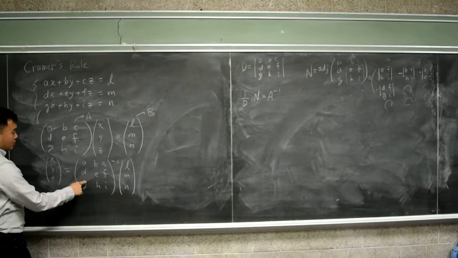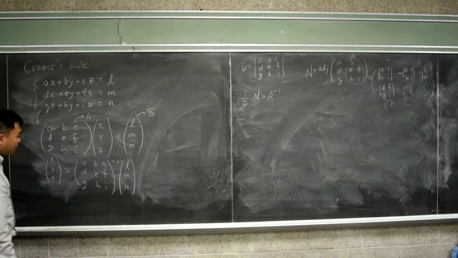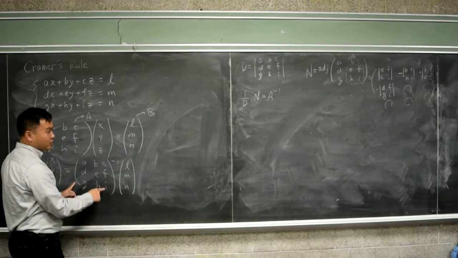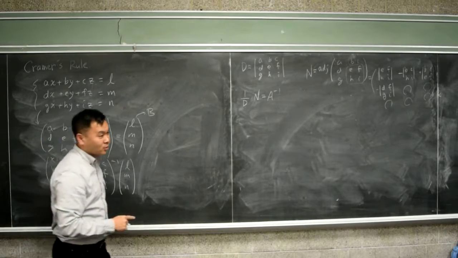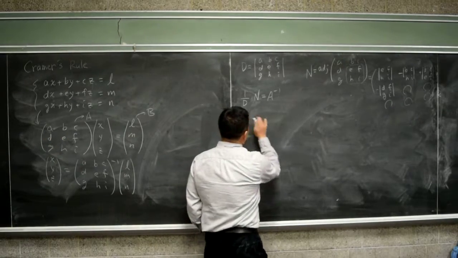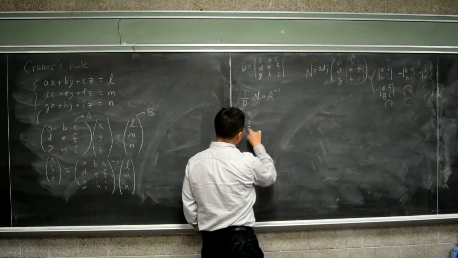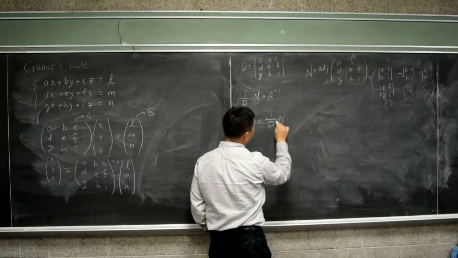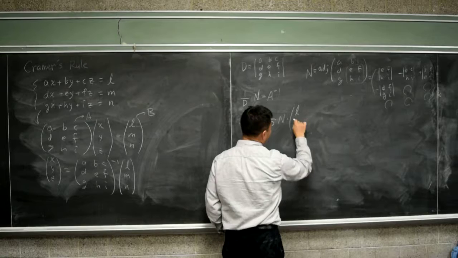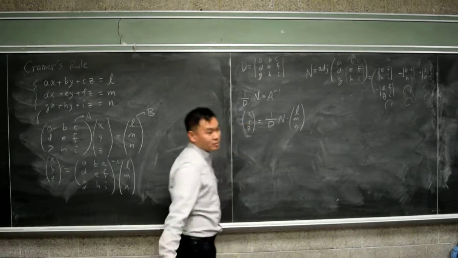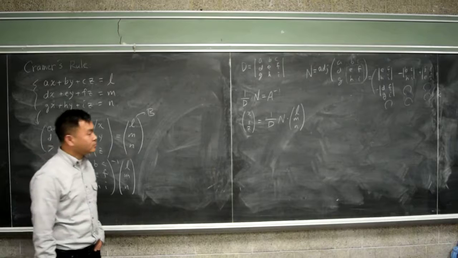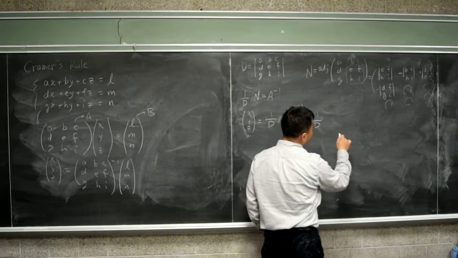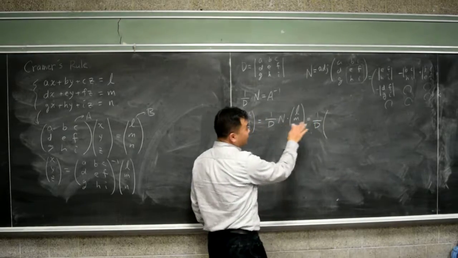And so we can actually compute this now using that formula just for x. So let's try this. So xyz is now 1 over D times this matrix N, because that's the A inverse, times L, M, N.